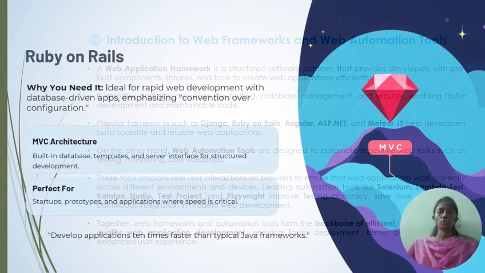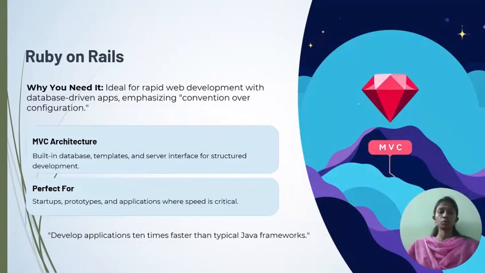Ruby on Rails is one of the most popular frameworks for rapid web development. It follows the MVC, Model View Controller architecture, which separates the data, user interface, and business logic clearly. It works on the principle of convention over configuration, meaning developers do not need to spend time setting up or configuring things repeatedly.